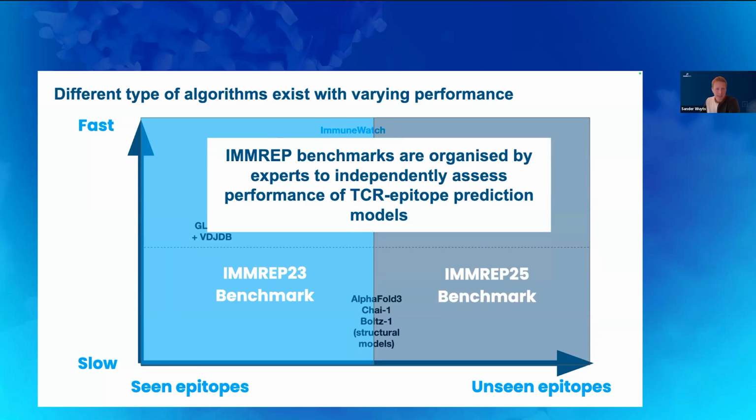So a group of scientists came together and started organizing these IMREP challenges to independently assess the performance of these types of algorithms. We've seen 2 major benchmarks in the last couple of years: IMREP 23, which was organized for seen epitope prediction performance, and IMREP 25, which was organized to also evaluate the unseen epitope performance.